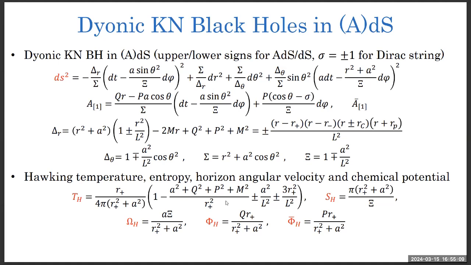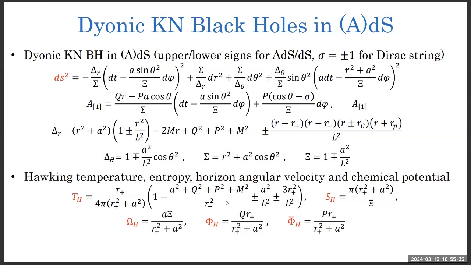a radius coordinate. Now it has the Hawking temperature, entropy, the chemical potential associated with the rotation of the black hole, the chemical potential for electric charge, and the chemical potential for monopole charges. So actually the leading Hawking radiation is given by this one.